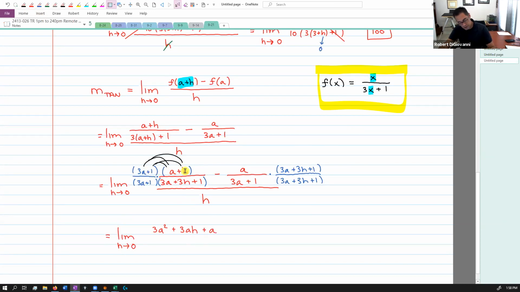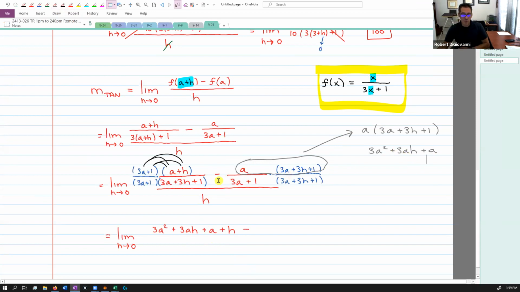And then 1 times h is h. That is the top left multiplied out. Minus. Now I'm going to do this right here. Actually, it's not that hard because all I'm doing is multiplying an a through. So that becomes 3a squared plus 3ah plus a.